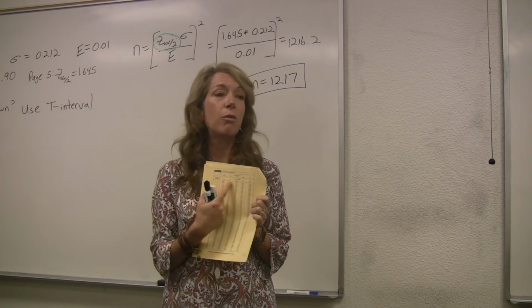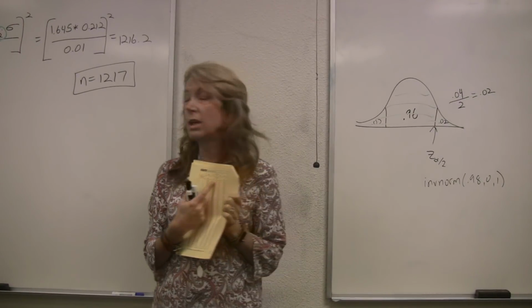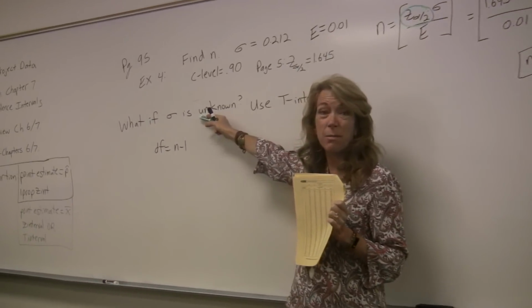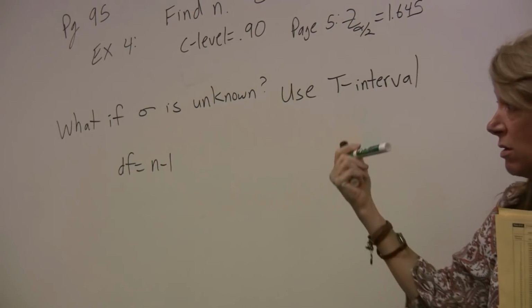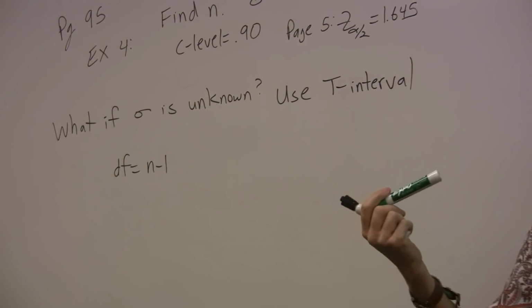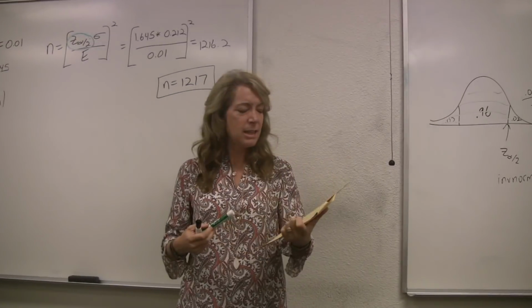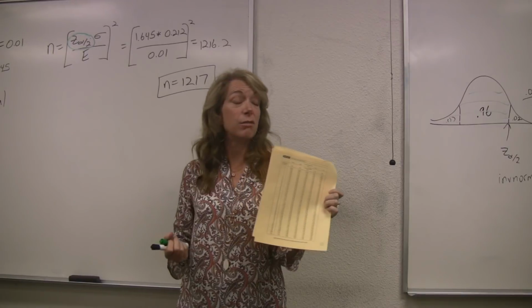So you have to know when you're working with T's. Let me remind you how you know: when you are looking for a mean but you don't know sigma, that's when you have to use a T. If you know sigma, we use Z's like we did before the break. But now we're going to be using T's. So here's this table here. It's laid out very differently from the standard normal table, but it's actually a lot easier to read.